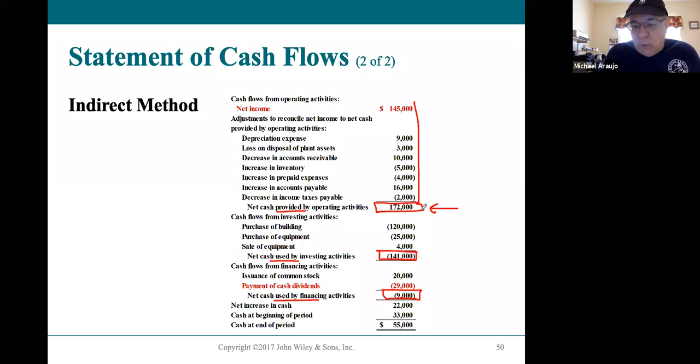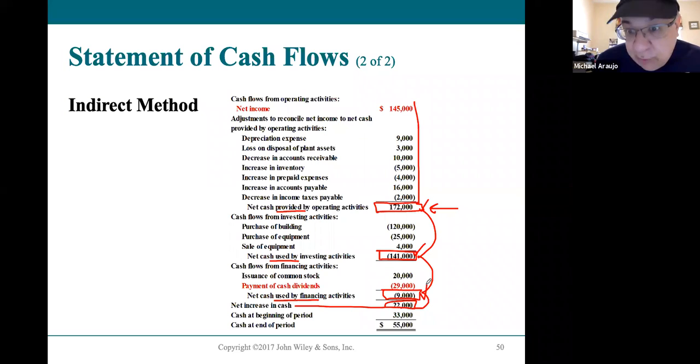When you start with the 172, you subtract out the 141, you subtract out the 9,000, the difference is 22,000. Okay, so the change in cash is these three numbers combined. So the $22,000 change in cash meant that we actually had a $22,000 increase in cash.